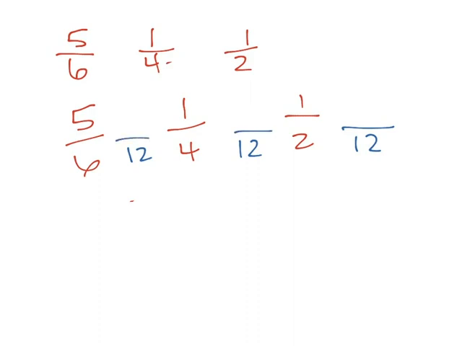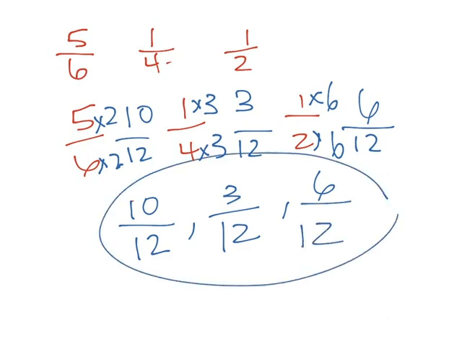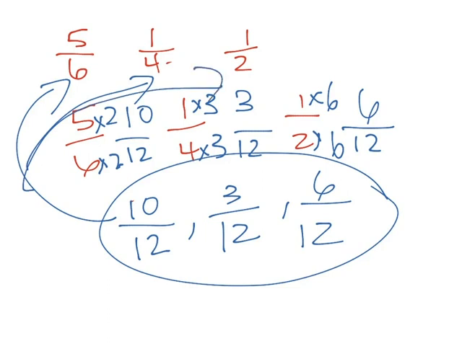Well, 6 times 2 is 12, so what I do to the bottom, I do to the top. 5 times 2 is 10. 4 times what is 12? 3. So what I do to the bottom, I do to the top. 1 times 3 is 3. 2 times what is 12? 6. What I do to the bottom, I do to the top. 6. So now my new fractions are 10/12ths, 3/12ths, and 6/12ths. And those are all equal to these fractions here. Okay? Hopefully that makes a little bit more sense on finding the least common multiple.